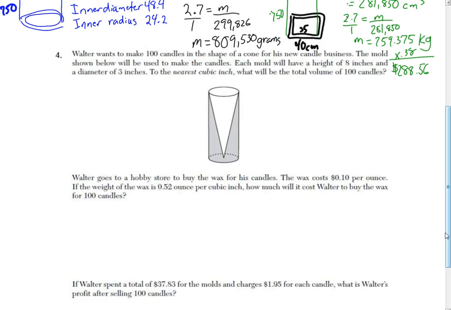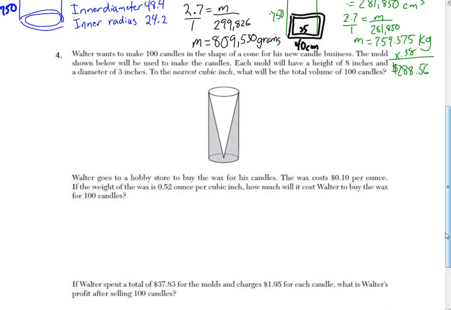To the nearest cubic inch, what will the total volume of 100 candles be?